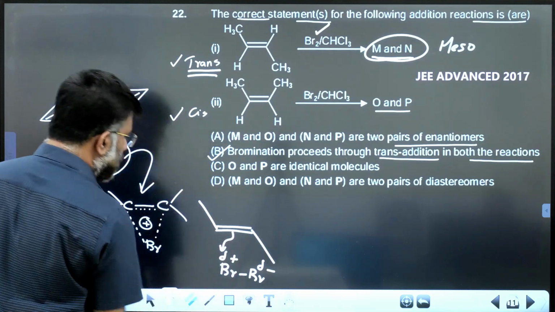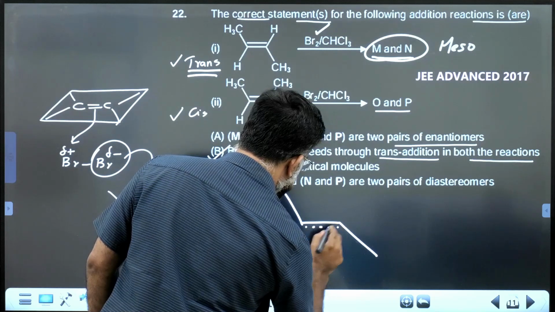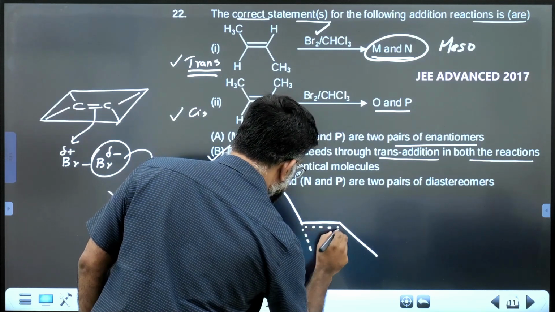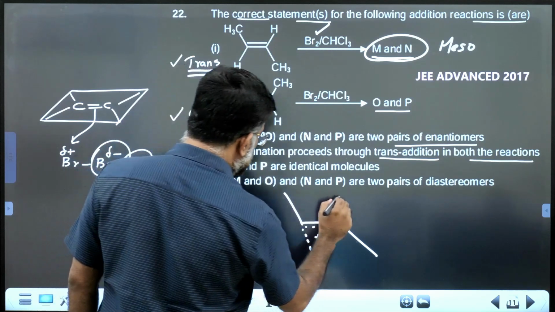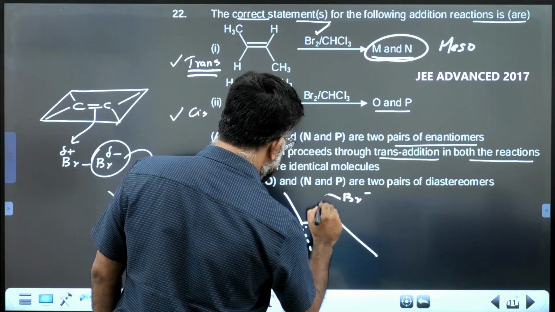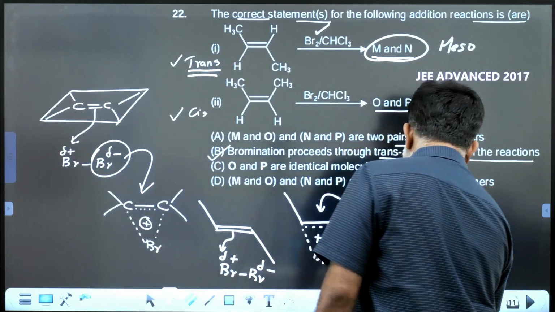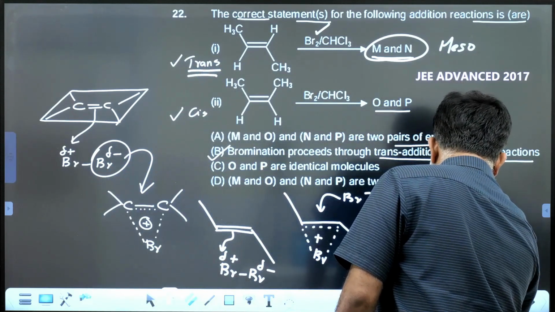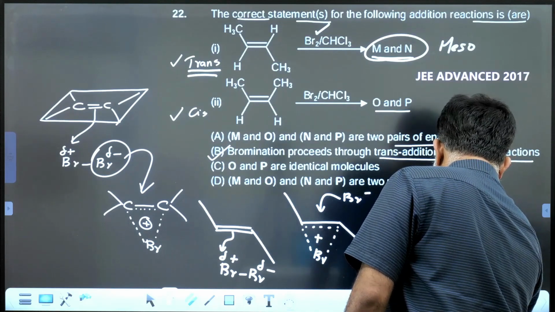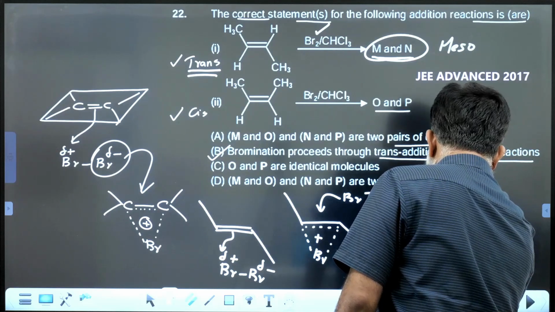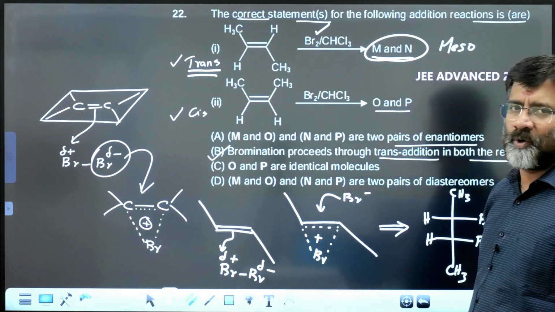This is attacked from here and you get a bromonium ion like this, and the next bromine, Br minus, will be added across here and the final product will be the meso product. This is the meso product: H, Br, H, Br, CH3, CH3.